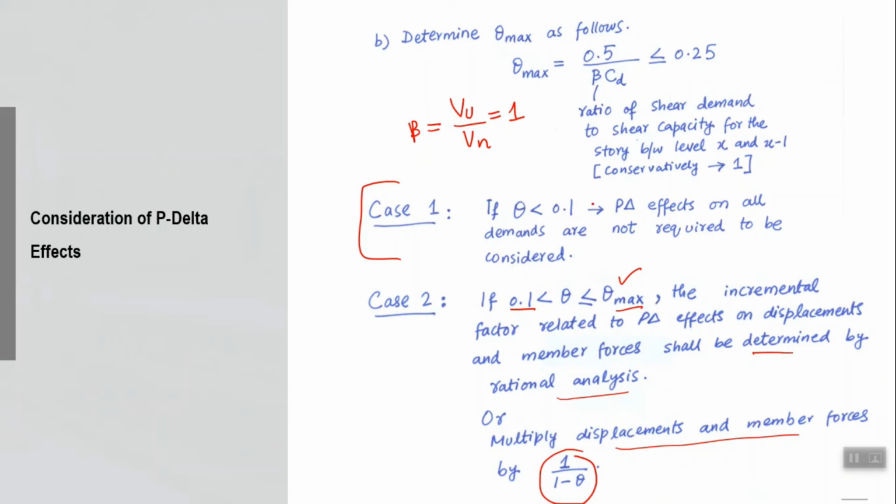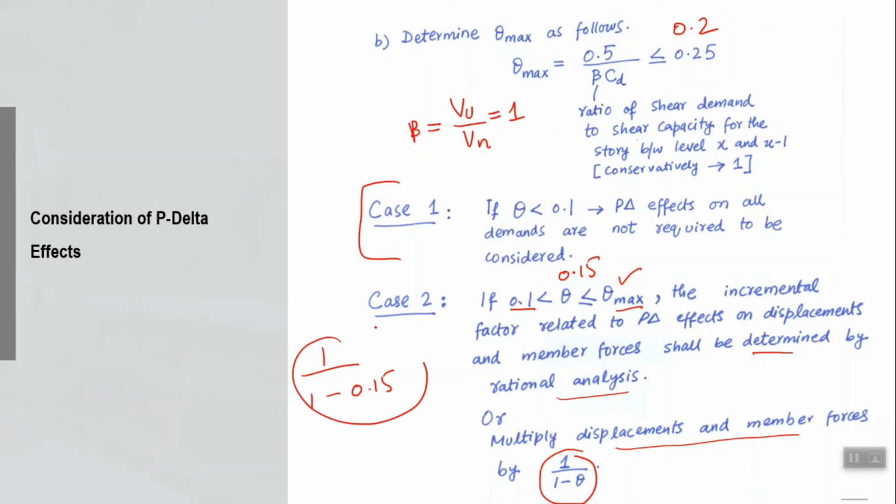Let's say your theta max comes out to be 0.2 and the actual theta which you calculate for your story is 0.15, somewhere between 0.1 and 0.2. Then you calculate an amplification factor 1 over 1 minus 0.15, right? 1 over 1 minus theta.